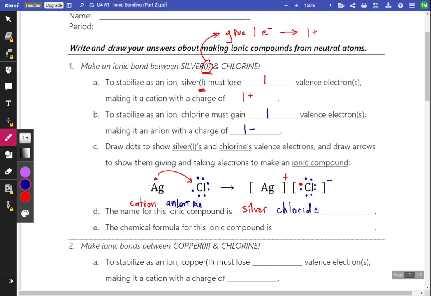Well, I mean, this Roman numeral wasn't just telling us how many valence electrons something is going to give up. So really, the place you're going to see this most is in the name of that ionic compound. So right after the cation name, we're going to throw in the Roman numeral.